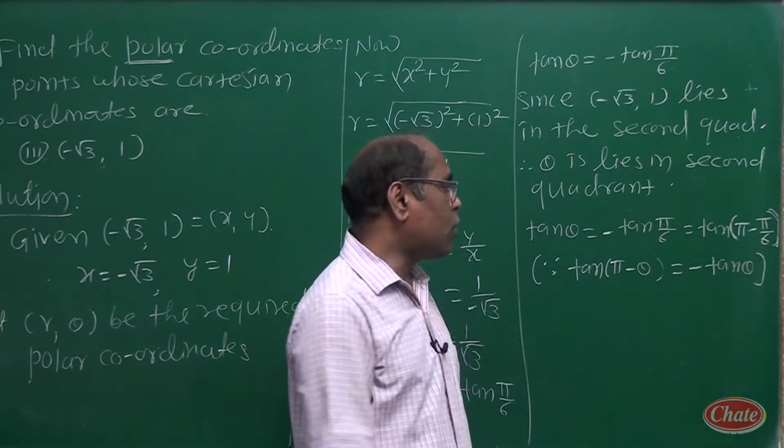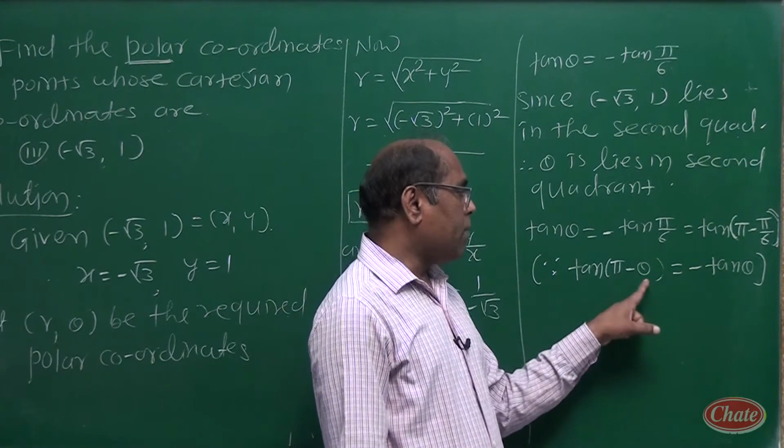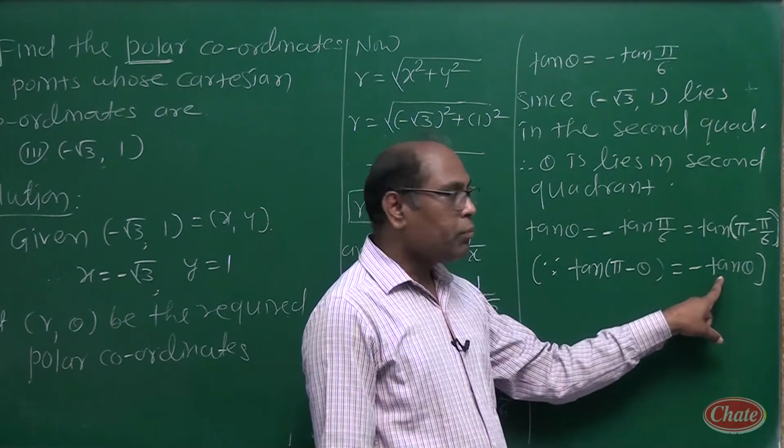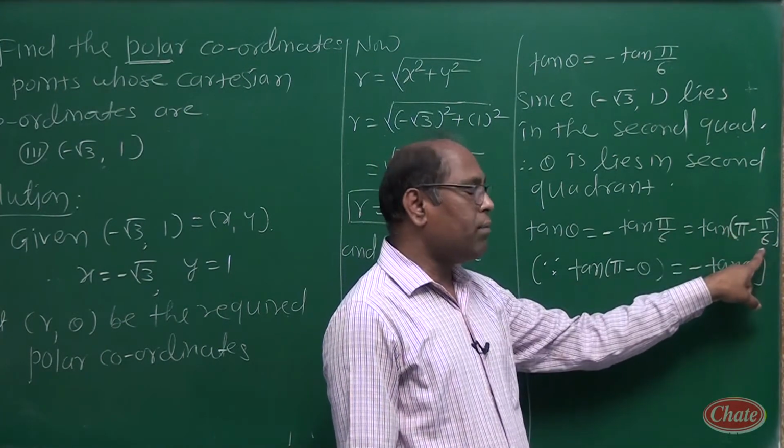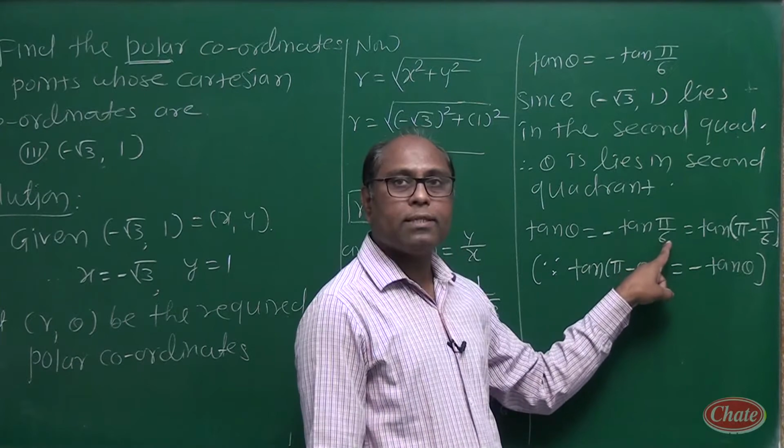So using this formula, tan of pi minus pi by 6 is minus tan pi by 6.